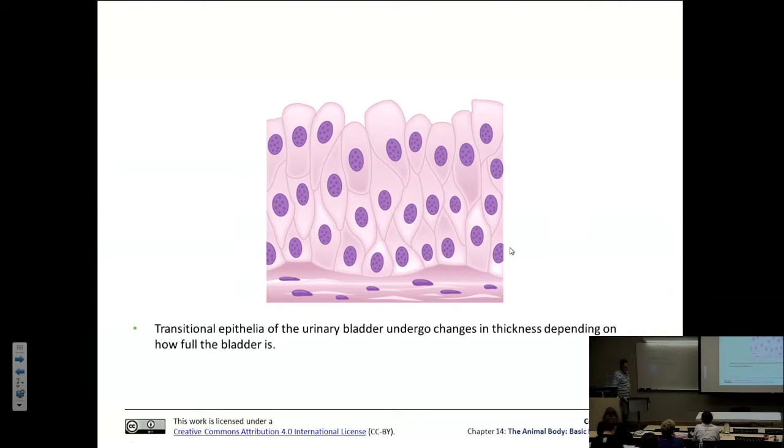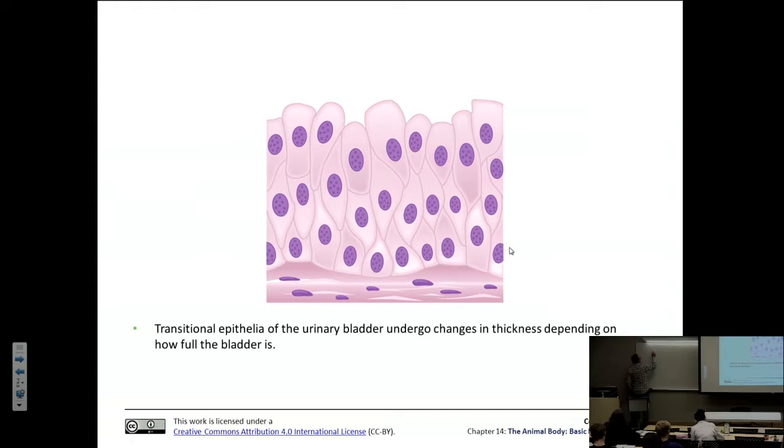Okay. Now the next type of tissue I want to talk about is connective tissue. Different about connective tissue, a couple of important things.